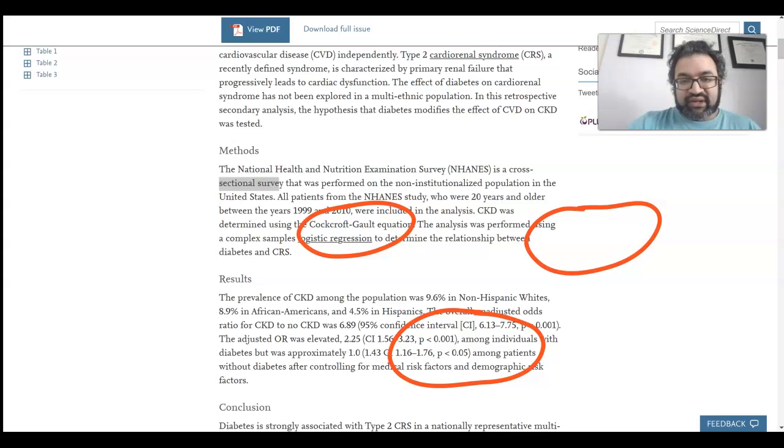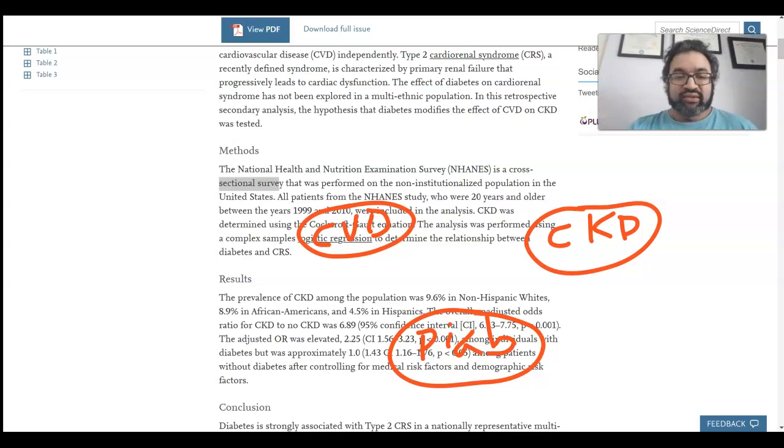What we're looking at here is cardiovascular disease as the effector variable, chronic kidney disease as the outcome variable, and then diabetes as what would be moderating the relationship.